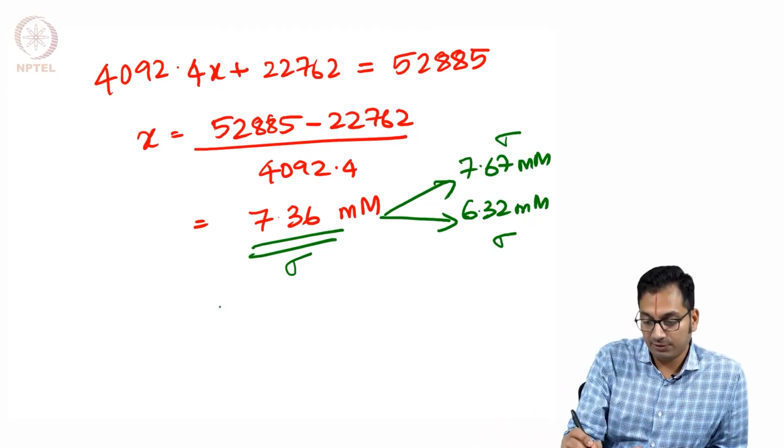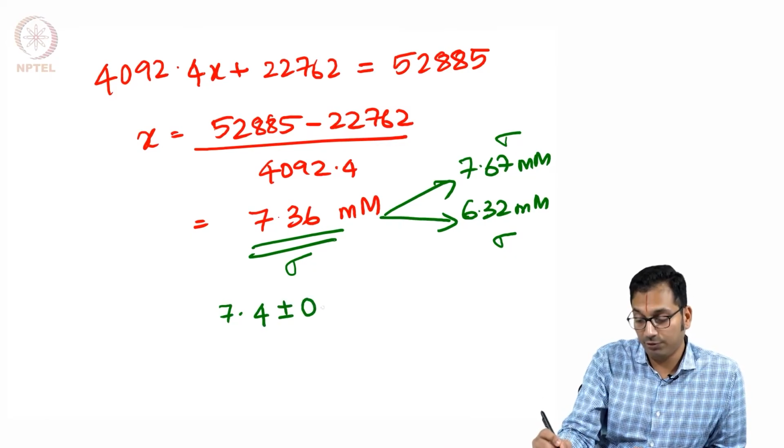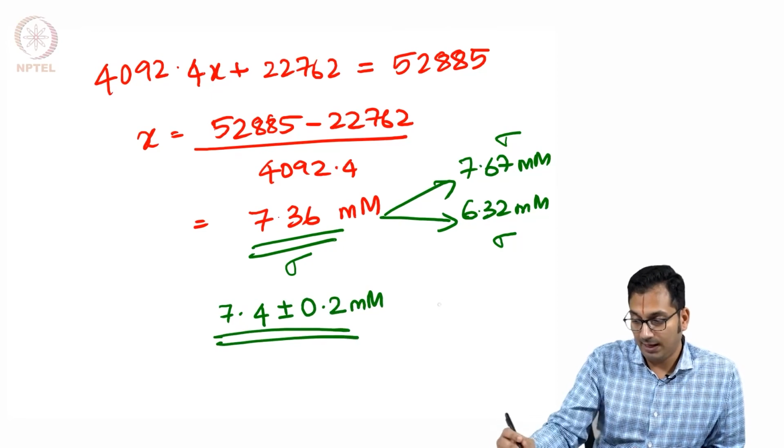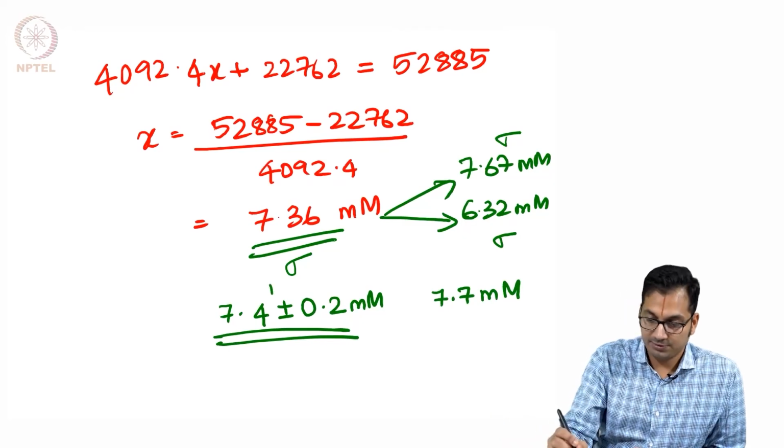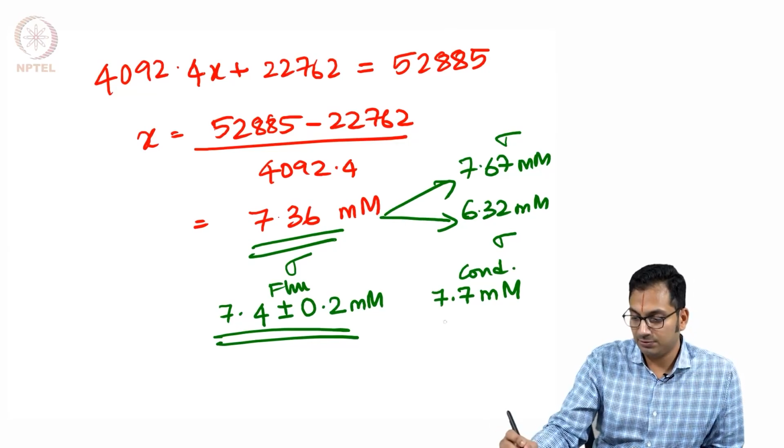Without further ado, it was observed that from conductometric or fluorimetric experiments, this was the value that was obtained, and with reliable measurements, this is fluorimetric, this is conductometric, where the student ended up getting plus minus 0.3 millimolar.